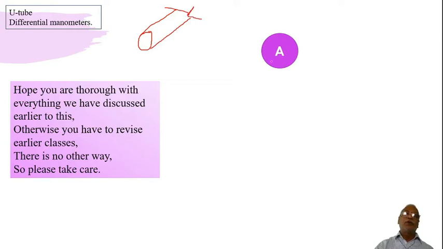Now what we show in the drawing will be only the section, and there will be some point where the manometer will be attached, and that will be shown here.